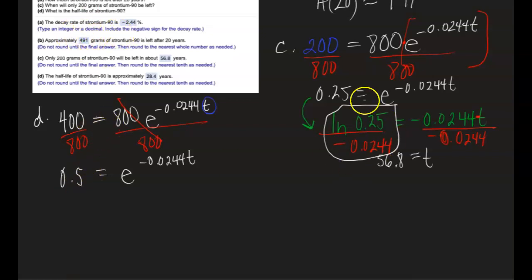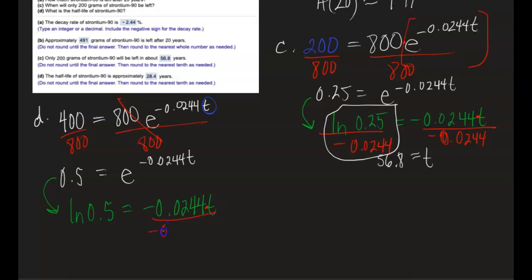The next thing we want to do, notice that we did it back here too. We changed the exponential equation to a logarithmic equation. So this is going to be log base e, or just go ahead straight to natural log of 0.5 equals the exponent. And then last step, divide, because this is being multiplied.